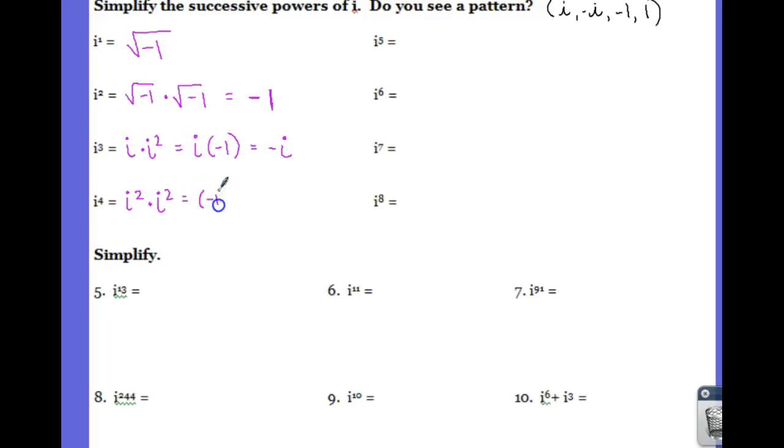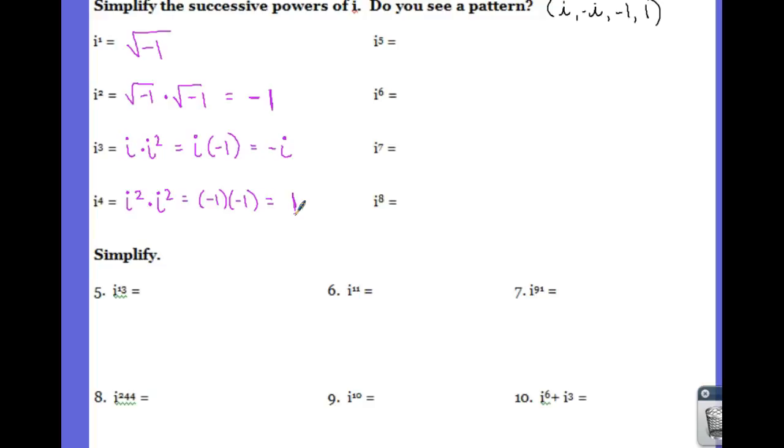So I can replace each of my i squareds with a negative 1. But negative 1 times negative 1 is 1.